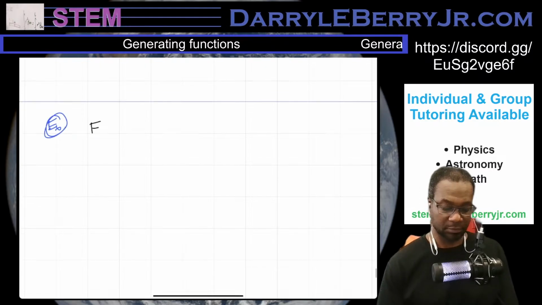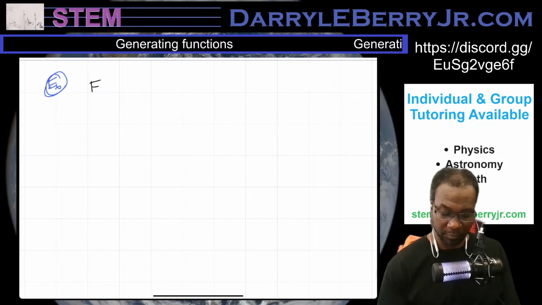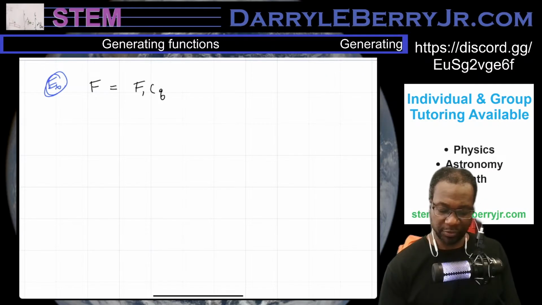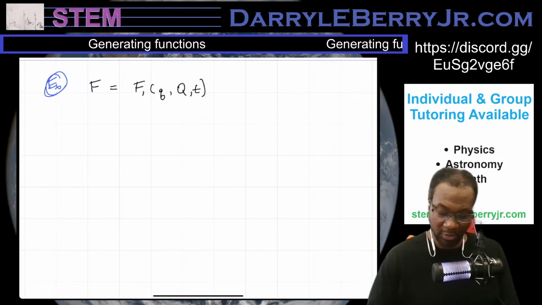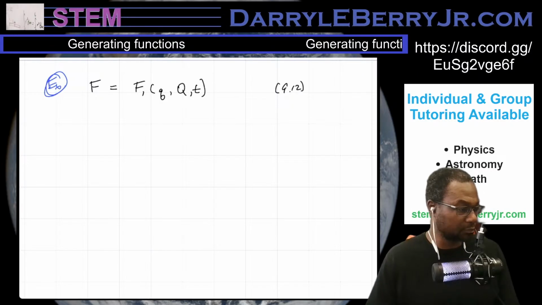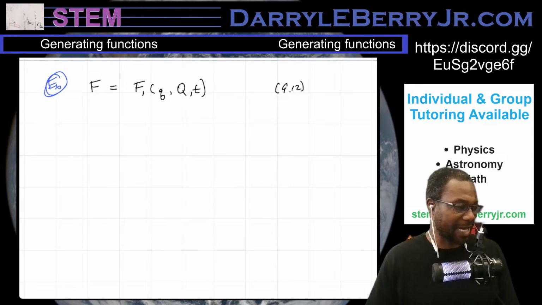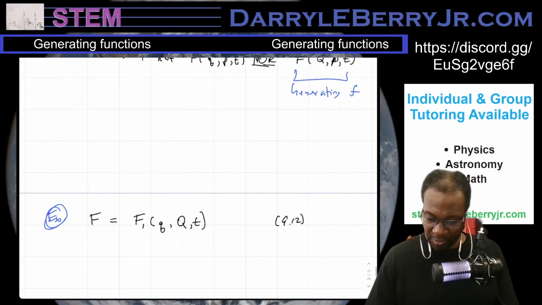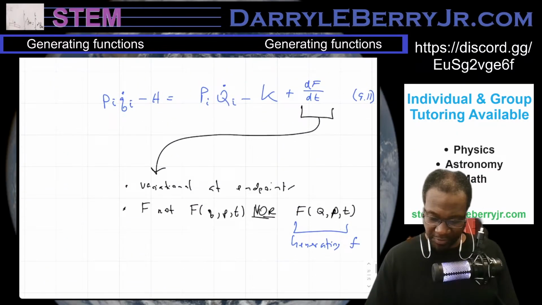So f equals f1 of q, Q, and t. This is equation 9.12. Equation 9.11 then takes the form, so this was 9.11.